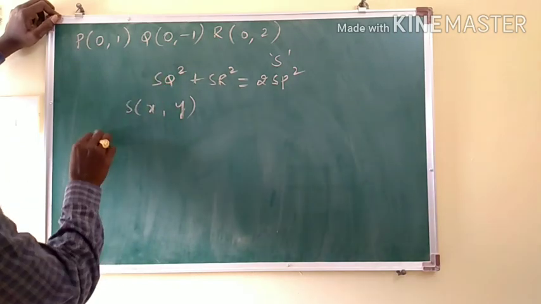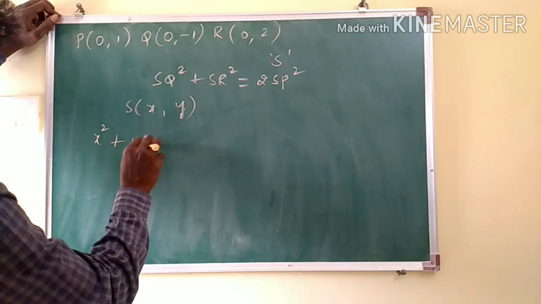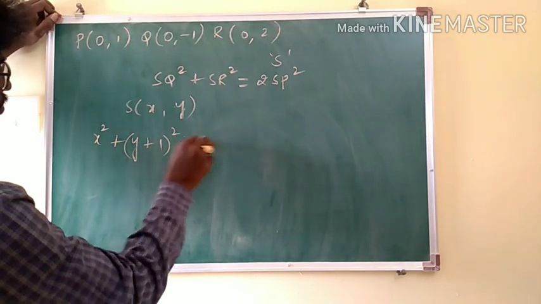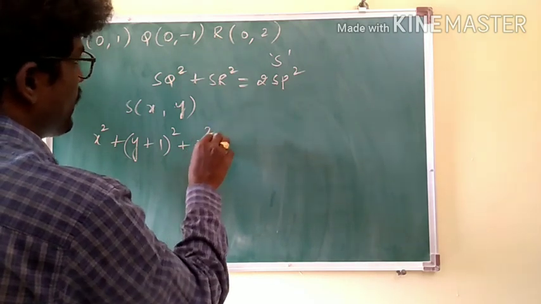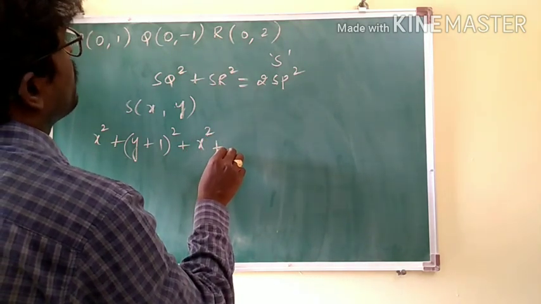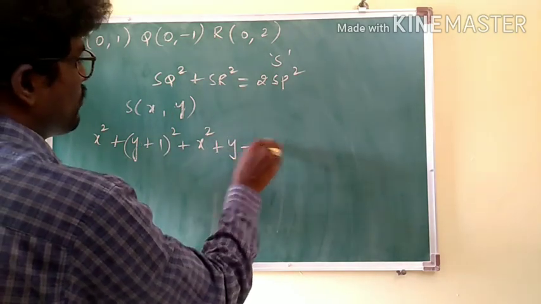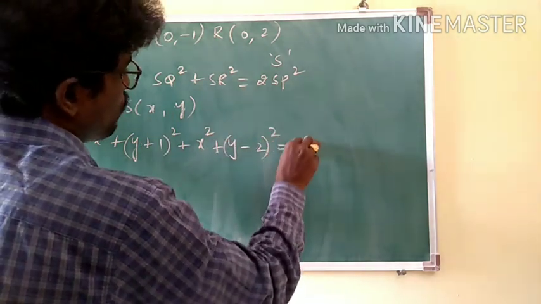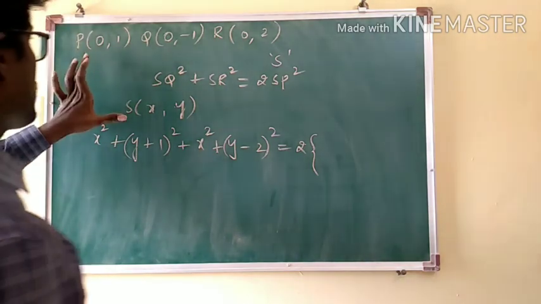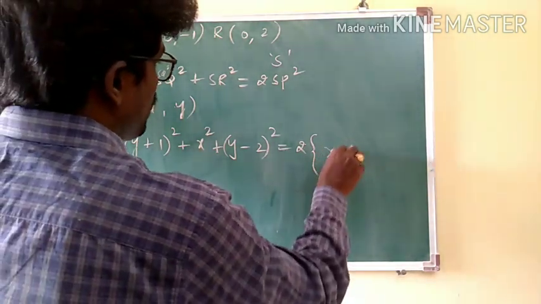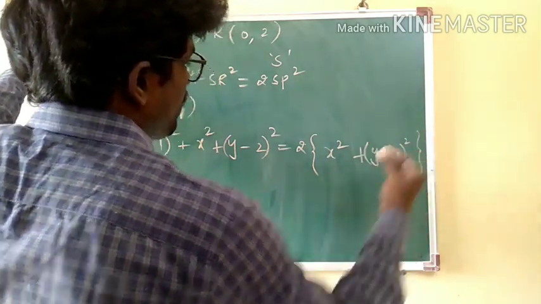So x minus 0 whole square, x square, plus y minus minus 1, means y plus 1 whole square, plus SR square is x minus 0 whole square, x square, plus y minus 2 whole square, is equal to 2 times SP square, x minus 0 whole square, x square plus y minus 1 whole square.